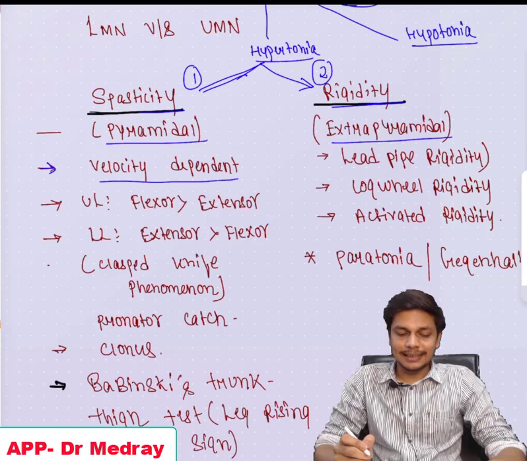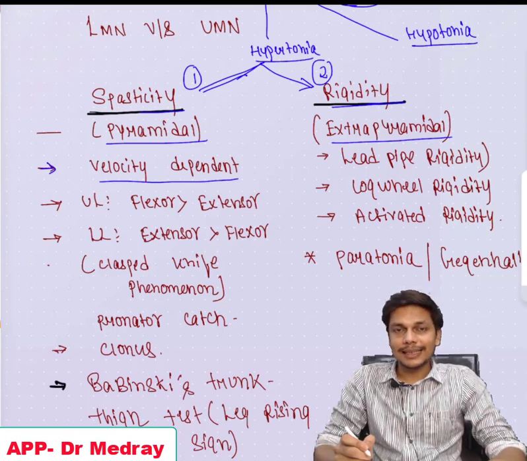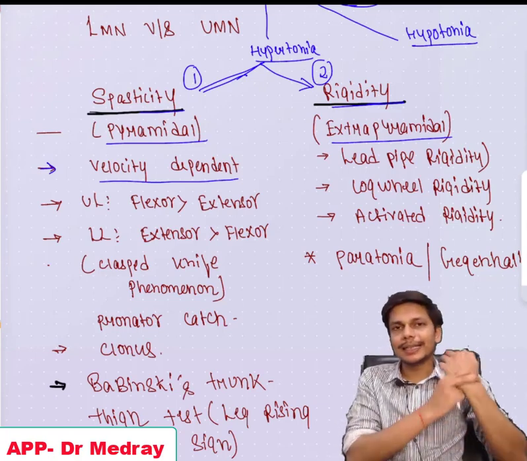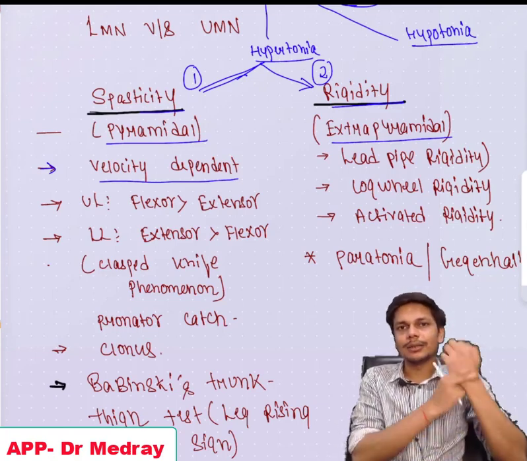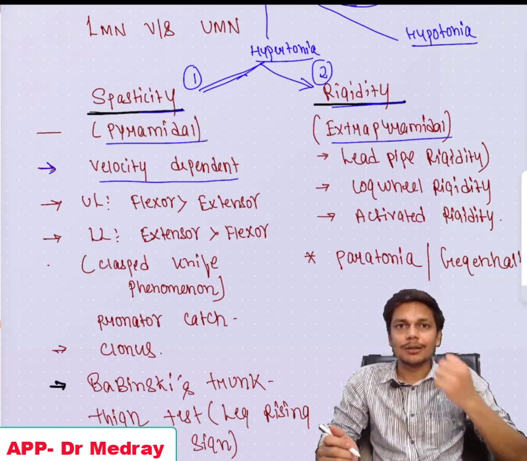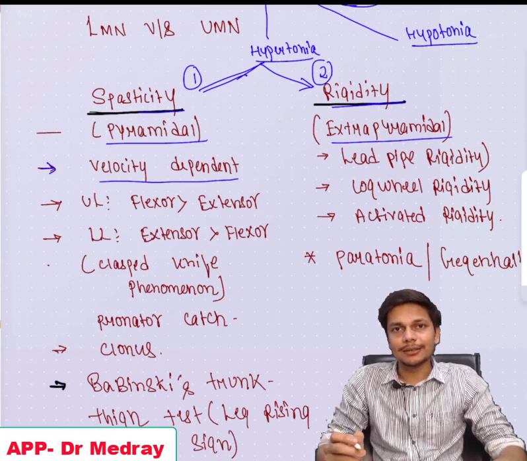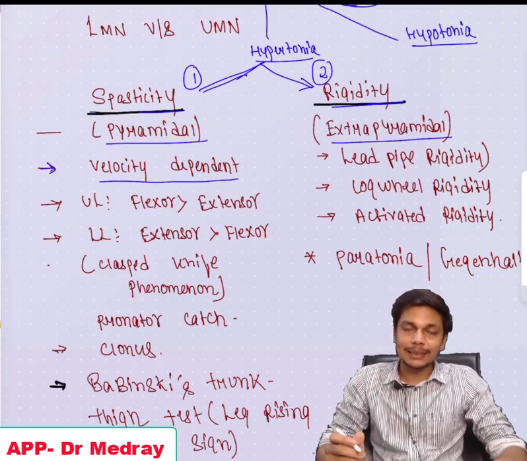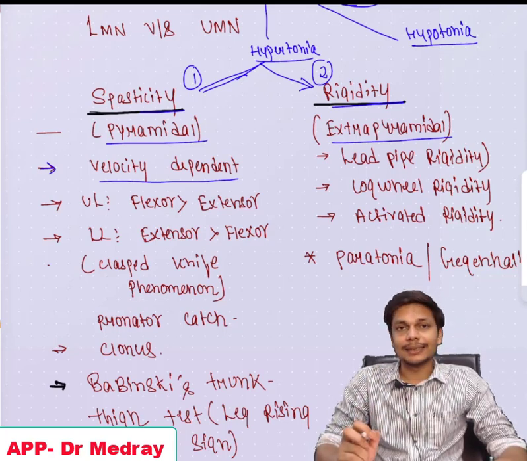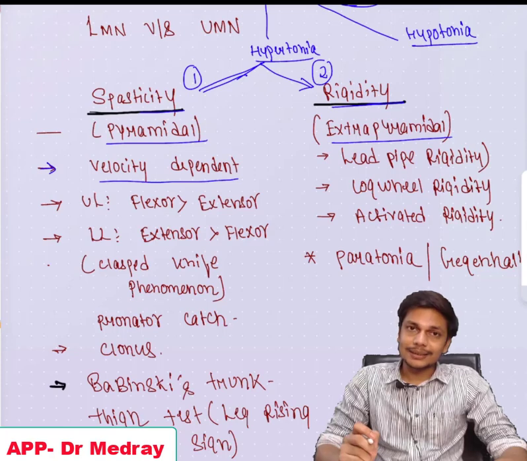What I mean to say here is that when you start checking for the tone, and when you increase the speed of checking the tone, the spasticity, or the resistance, will also increase. We will go to the patient and demonstrate the spasticity. But remember that velocity dependent hypertonia is spasticity.